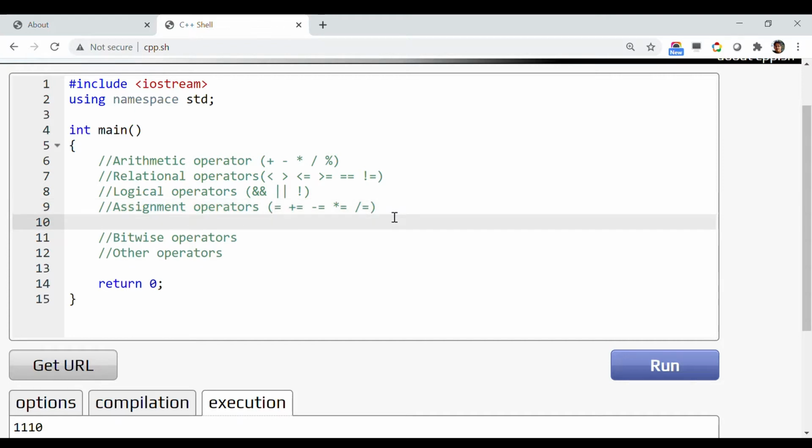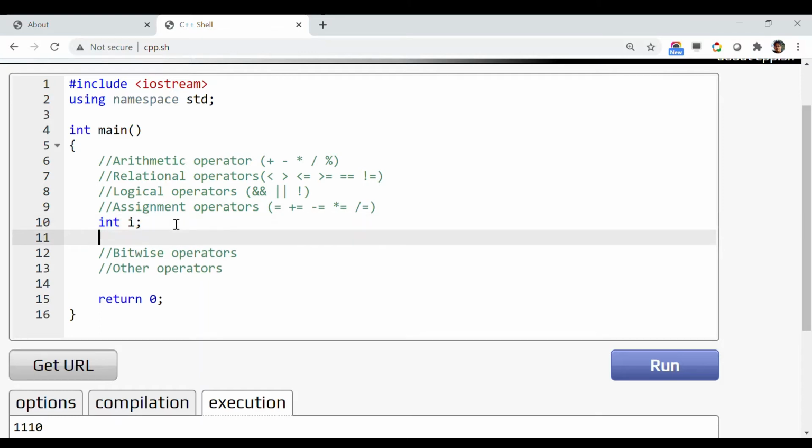So the equals symbol means it will assign the value on the right hand side into the left hand side identifier. For example, let's say int I is an identifier, and if you want to put a value of 10 inside I, then you can write I equals 10.